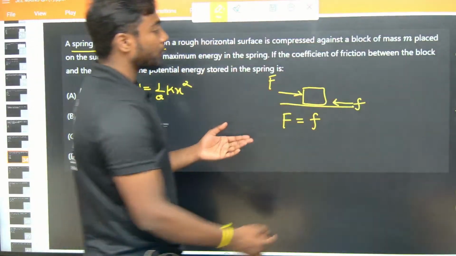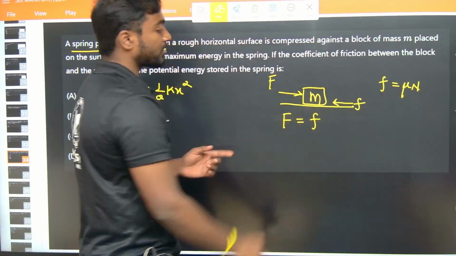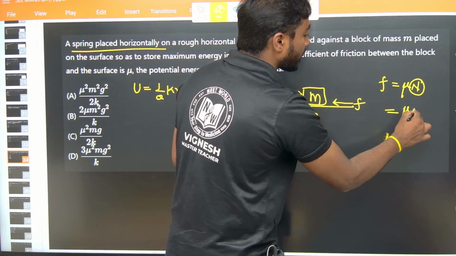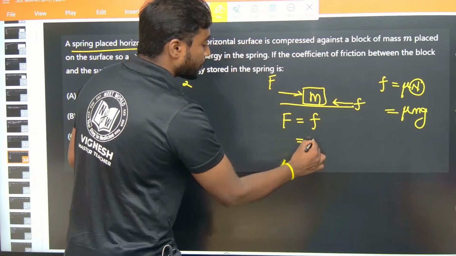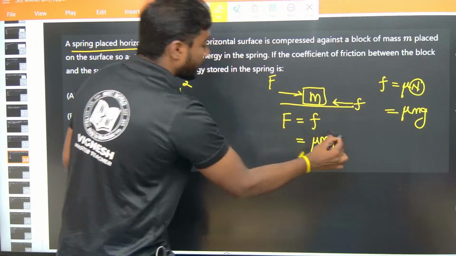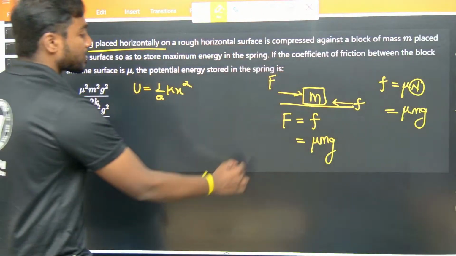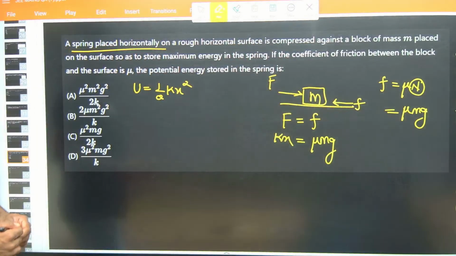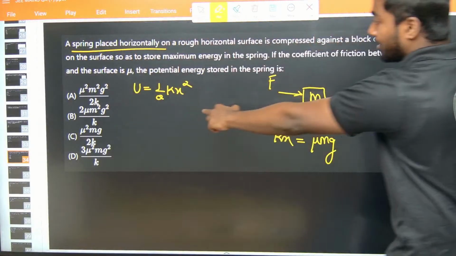What is the frictional force formula? f is equal to mu into N. The block is m, so what is N? Normal force. So mu into mg. We are talking not about the block but about the spring, so the force is kx, k into x. From this I can get the value of x.